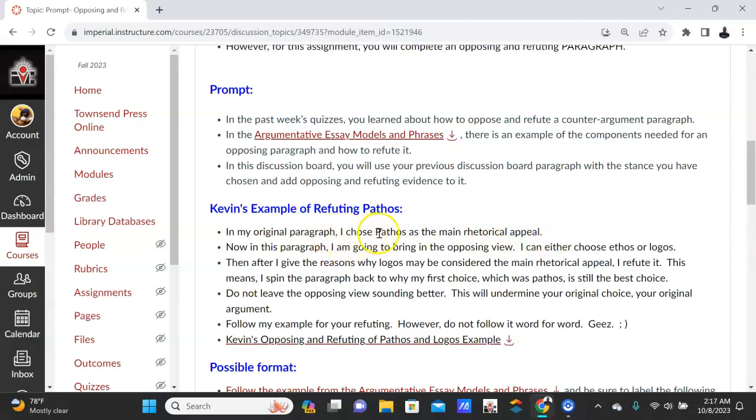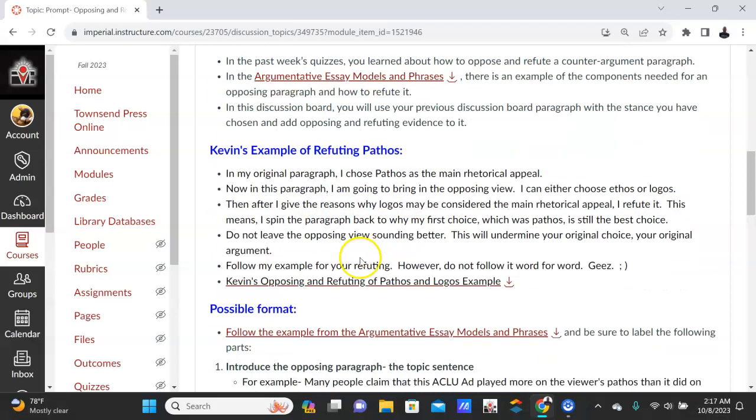Pathos is my pro, and my opposing would be either ethos or logos. I need to choose one of those to oppose, to bring in their side, and I chose logos.